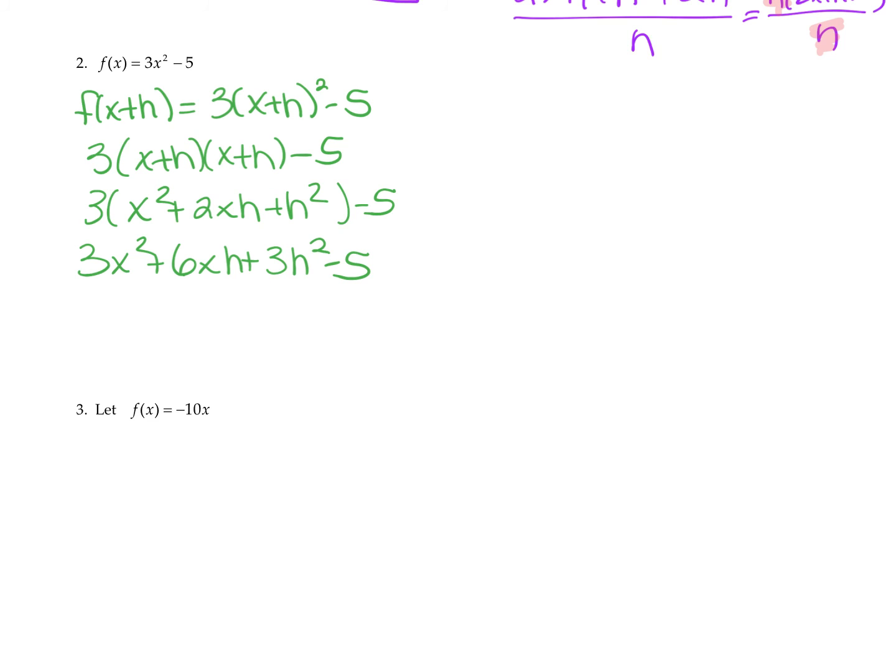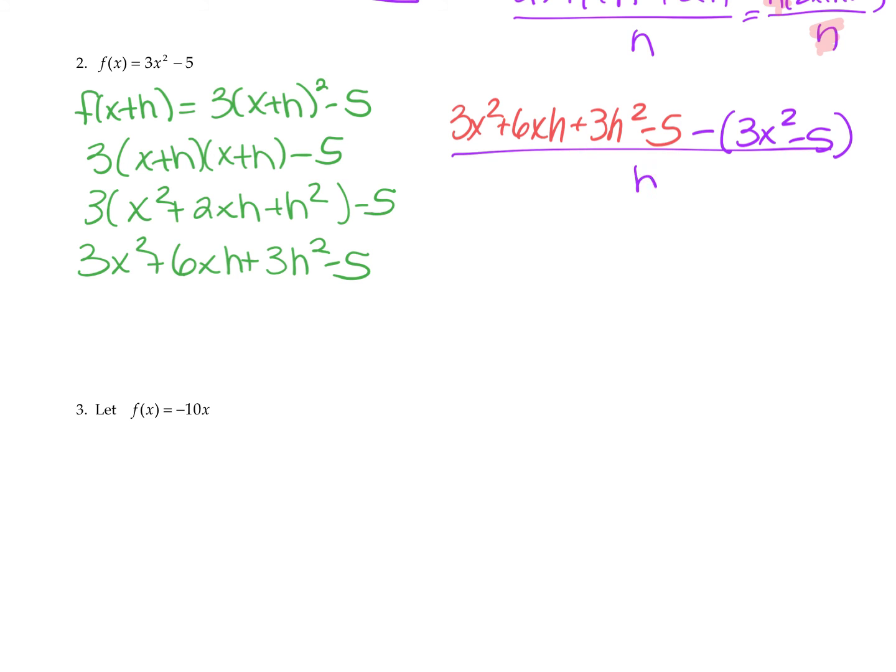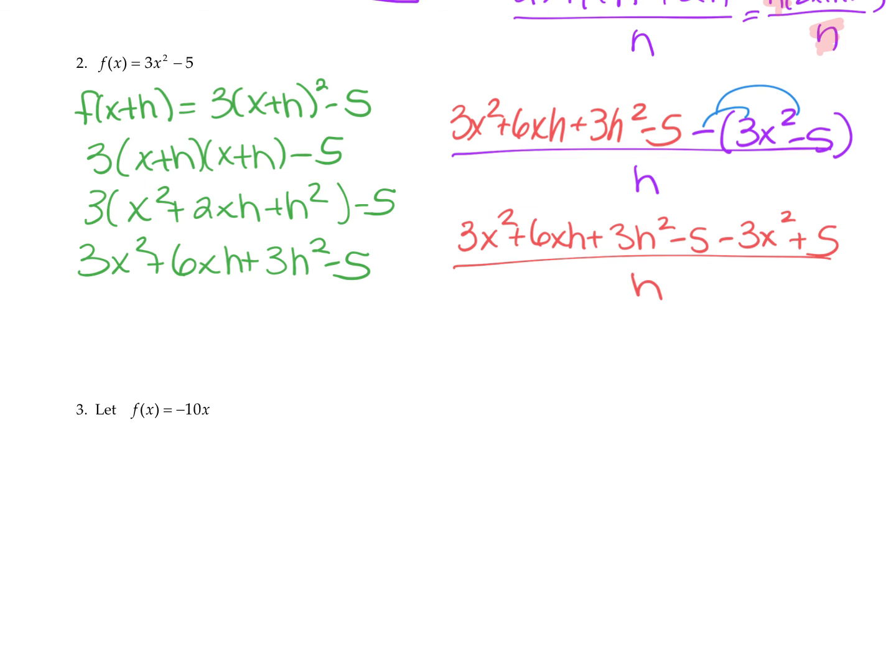Now I'm going to do f of x plus h, which is 3x squared plus 6xh plus 3h squared minus 5. And I'm going to subtract that from the original function, which was 3x squared minus 5. And this is all going to be over h. Now distribute that negative in. I'll get 3x squared plus 6xh plus 3h squared minus 5 minus 3x squared plus 5 all over h.